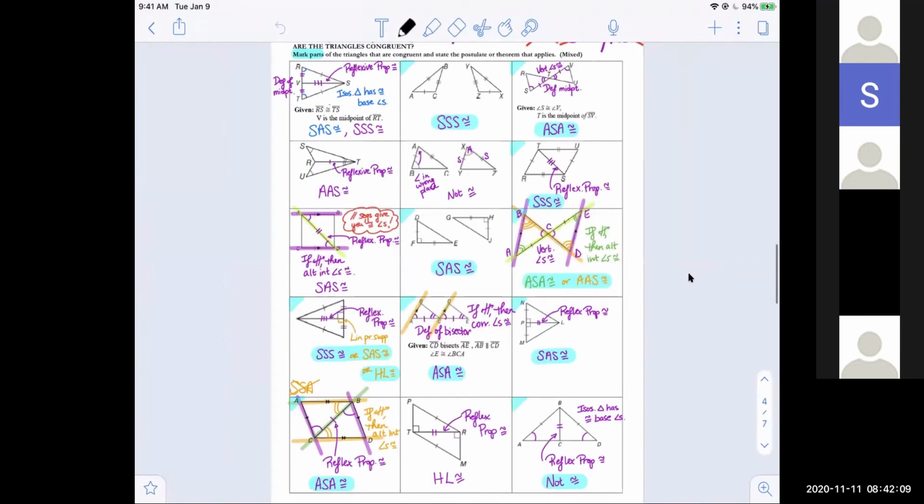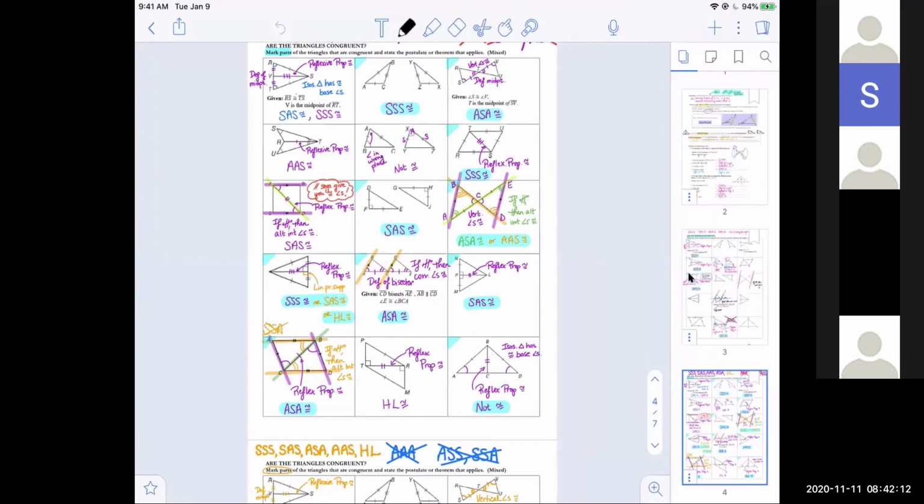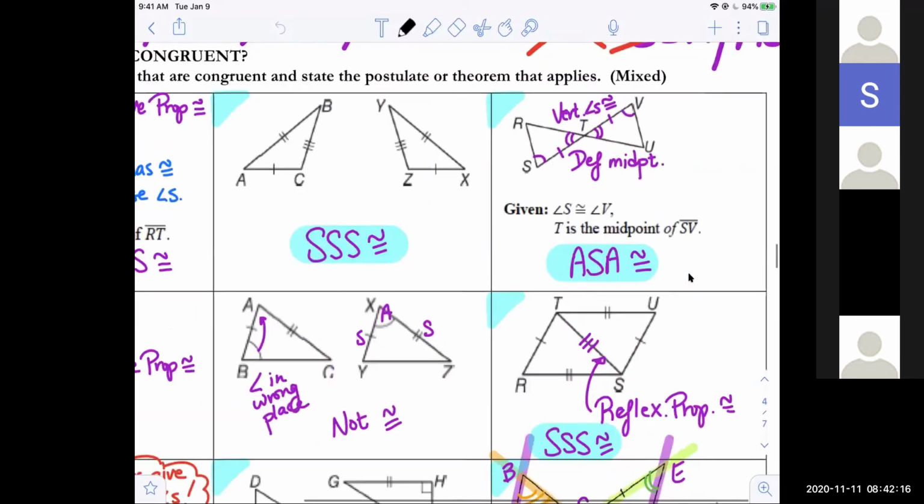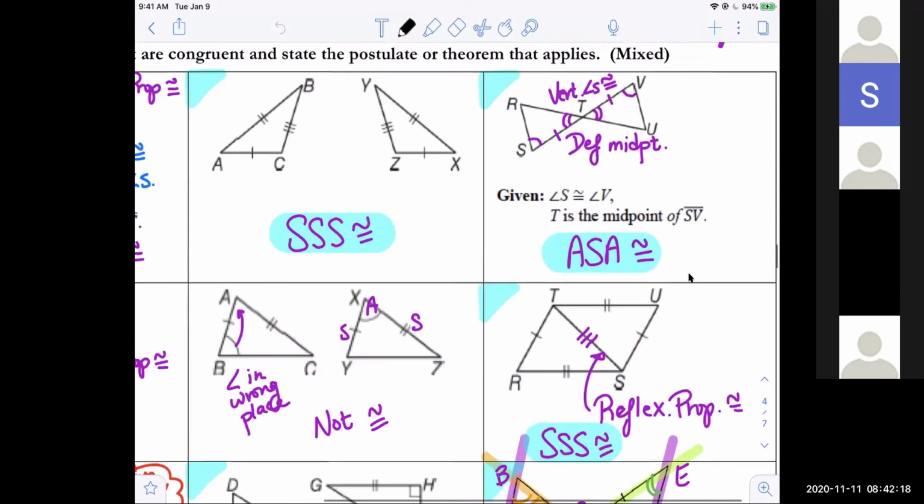The ones that I have the little triangles on are the ones that I did not do on the video, just so you can check those a little easier. Ask me if you have any questions on anything.